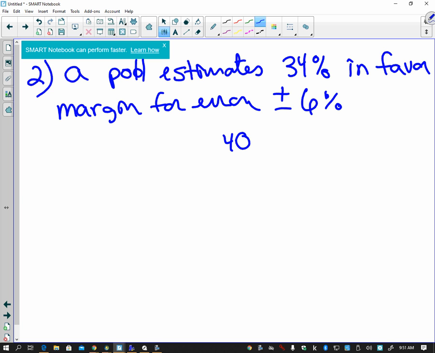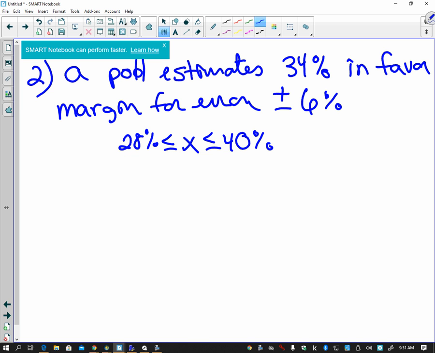40%? Okay? So x is going to be less than or equal to 40%. What can it be as low as? 28%, right? So that's the easiest thing to do first, is just find out what those numbers are, okay? Now, what it tells me is that I need to create an absolute value because some of the minimums and maximums are going to be identical.